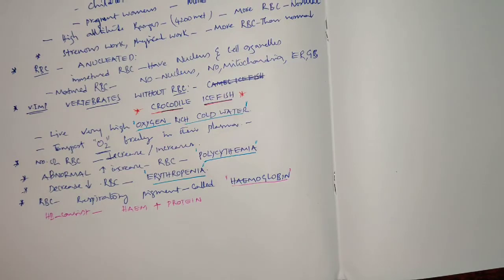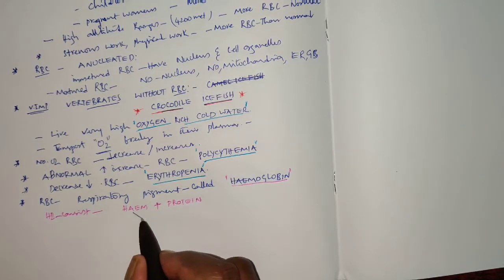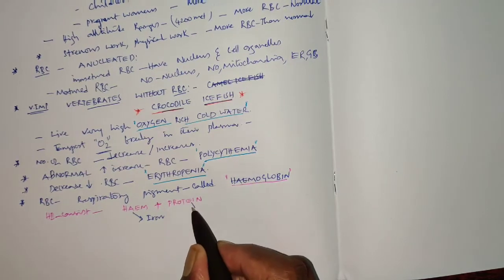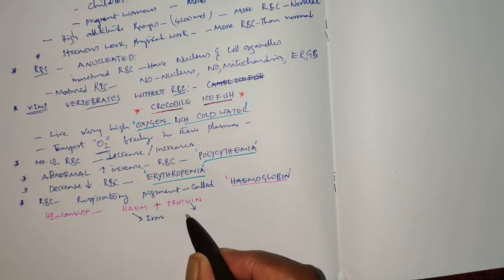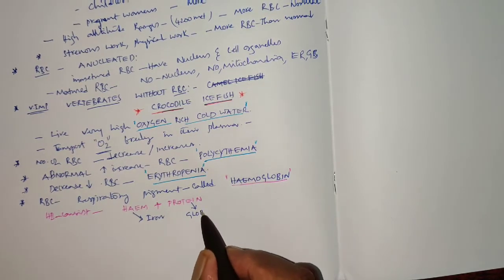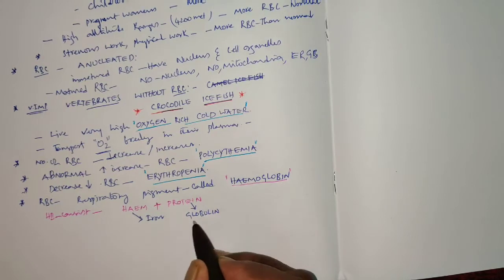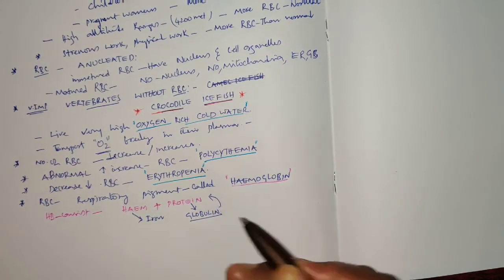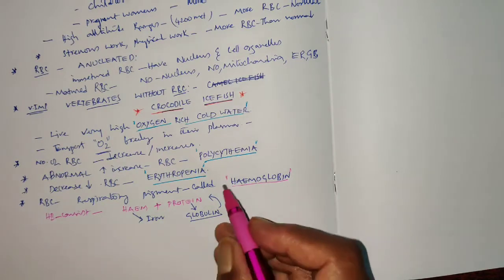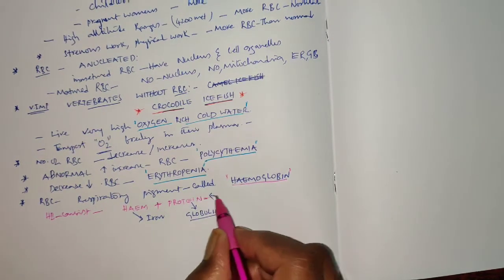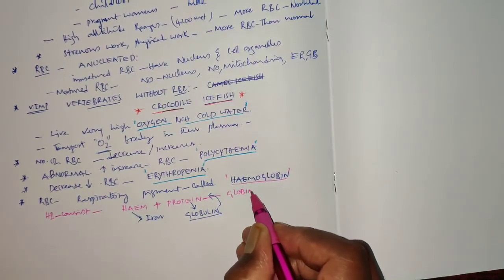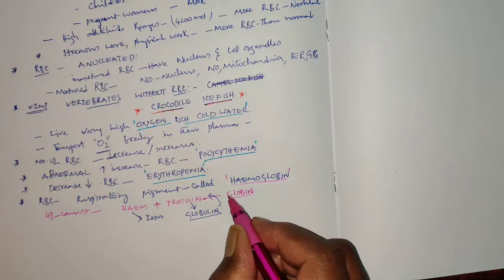Heme means an iron molecule, and globin means a protein.